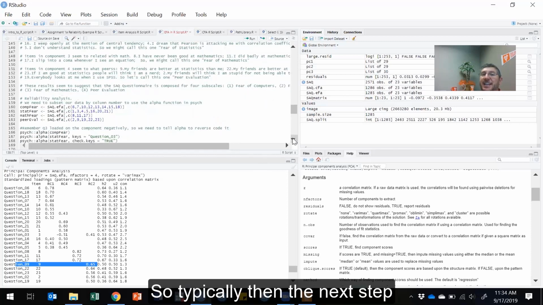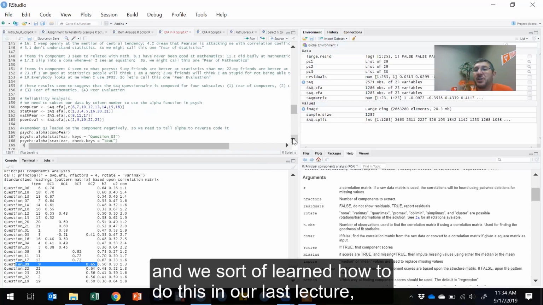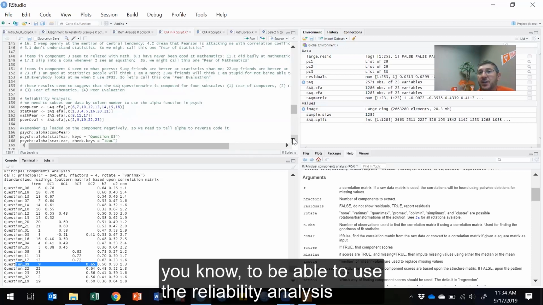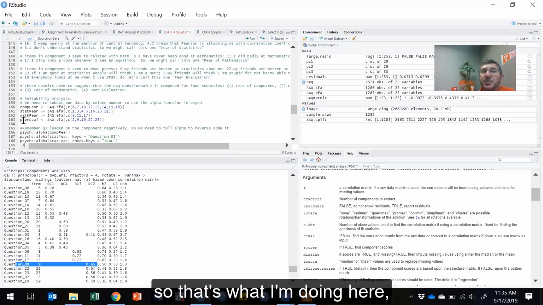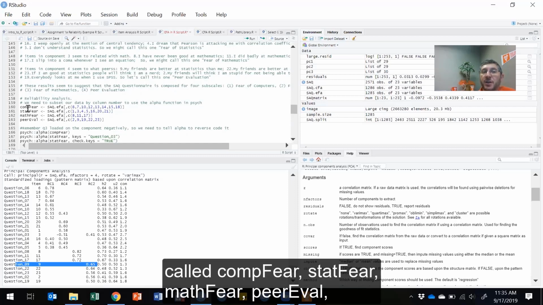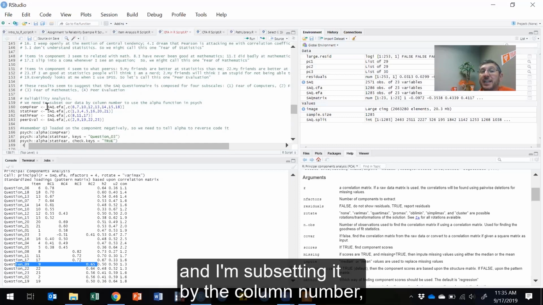So typically then the next step is to run a reliability analysis. And we sort of learned how to do this in our last lecture. To be able to use the reliability analysis in the psych function, we need to subset our data. So that's what I'm doing here. I'm creating new variables here called computer fear, stat fear, math fear, peer eval, and I'm taking our data set and subsetting it by the column number.